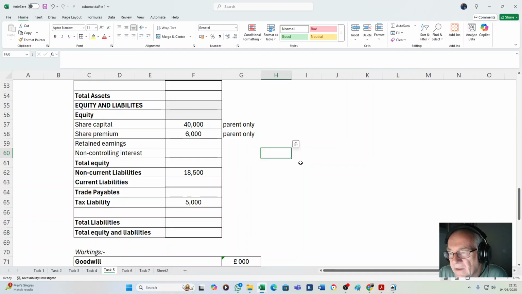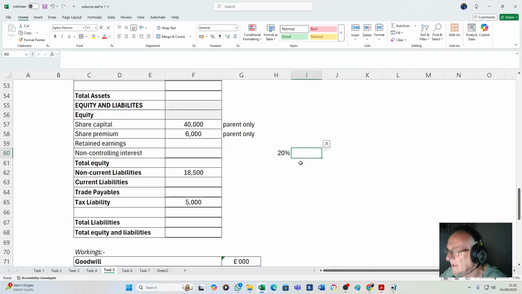So the non-controlling interest, this is in the equity, so we're interested in the 20% that is still owned by somebody else, the segment of the subsidiary that is somebody else's. Sometimes I do it visually and draw it out as a segment on the board. So we know it's 20%. We've just got to make sure we don't get confused with the retained earnings at acquisition, which does happen.